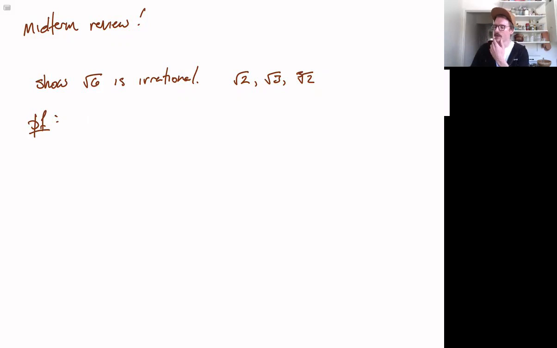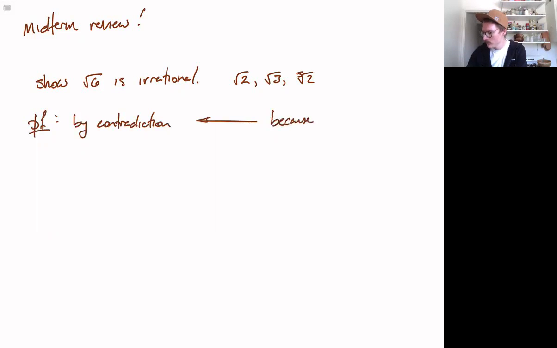So how did the proofs normally go? We proceed by contradiction. And again, in the spirit of giving tips, this is something that I've said many times, but let me say it again. Why are we going to do this by contradiction? It's because that gives us something extra to work with in this situation. Because writing root 6 equals a over b is something concrete to work with.